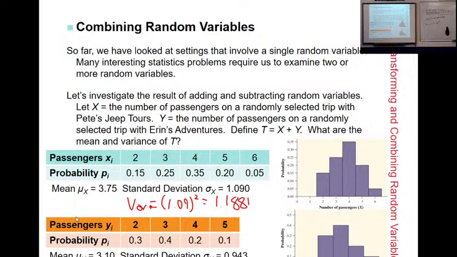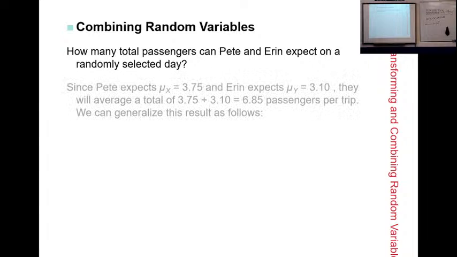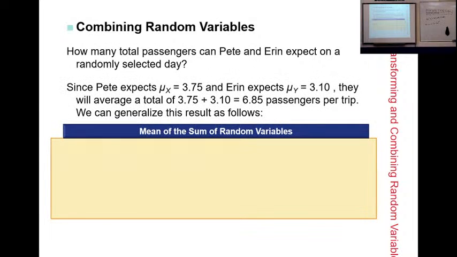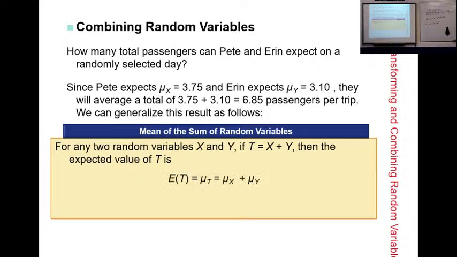But now we are going to take the shortcut, and instead of making this whole distribution, listing out all the possibilities, and calculating the expected value that way, we are just going to say that if we're expecting on average 3.75 for x, and we're expecting on average 3.1 for y, that means we should expect the two put together to be those two numbers added together.